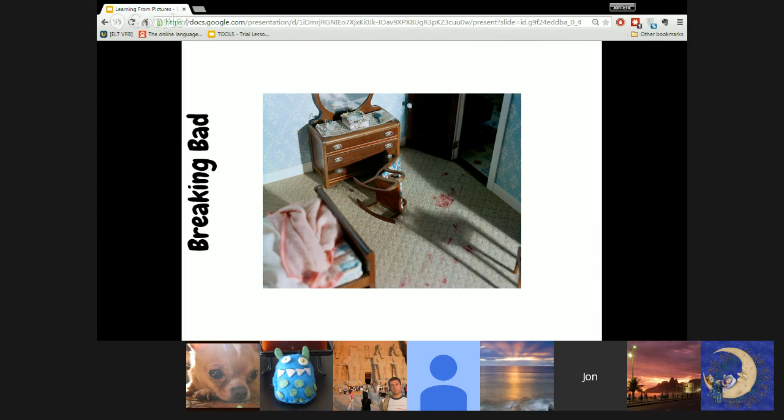Someone must have gotten cut because there was blood on the floor, or perhaps stabbed. Okay? So if I use my imagination a little bit, I can use other verbs like cracked for the mirror, chipped for the rocking chair, smashed for the window, and we can try to figure out what happened.